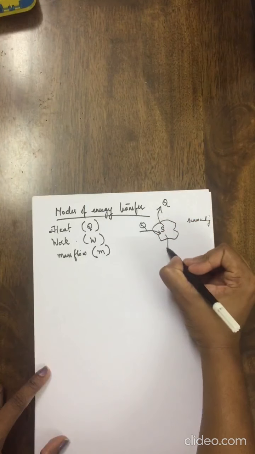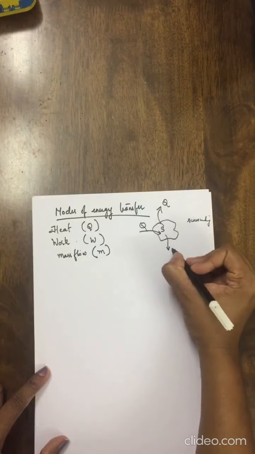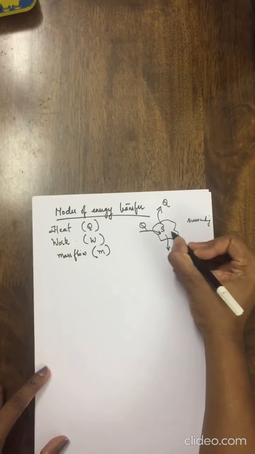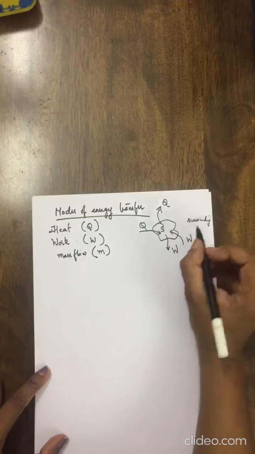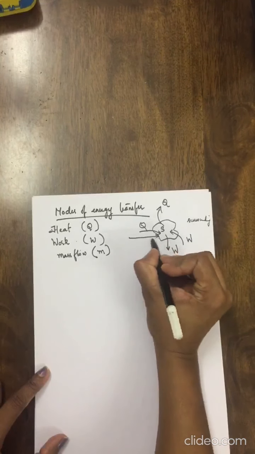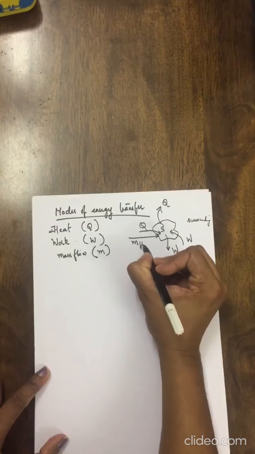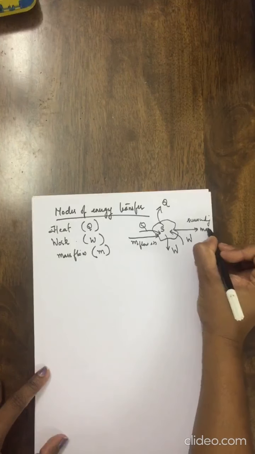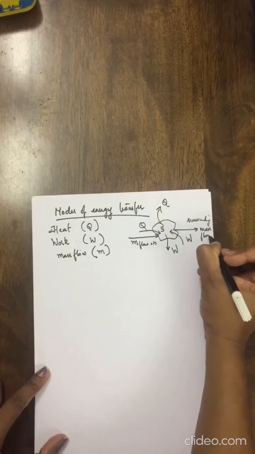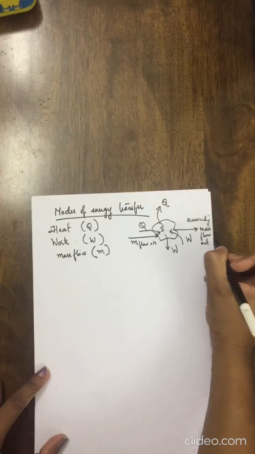Work done by the system onto the surroundings, or work done onto the system by the surroundings, that is work modes. And then the energy associated with mass flow in and mass flow out of the system.